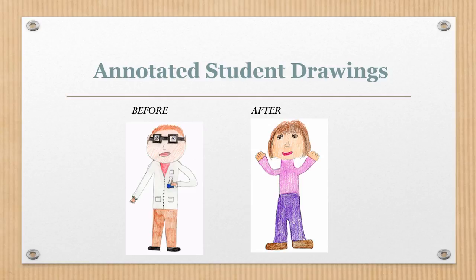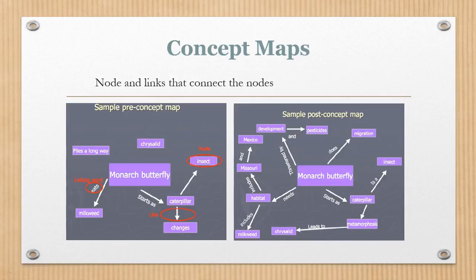You could do that with any concept. Here is a concept map in which you start with a concept such as monarch butterfly and put down anything you know about monarch butterflies and connect it with arrows, which we call links. So a monarch butterfly starts as a caterpillar.